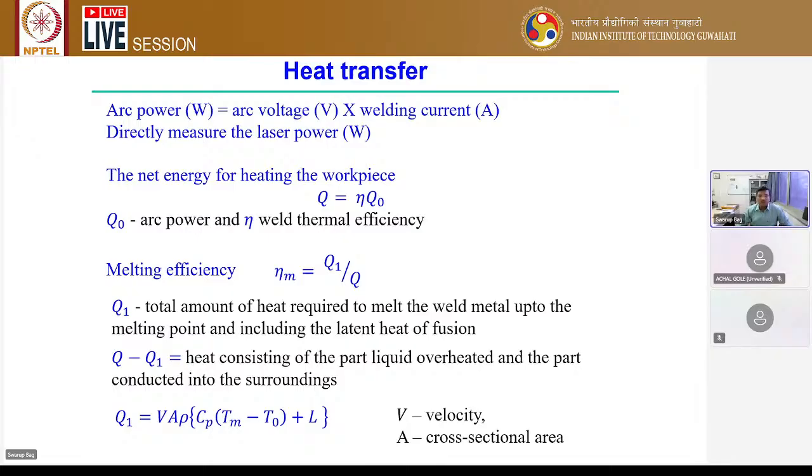And of course, L is the latent heat, the heat required to change the phase from solid to liquid. So we can simply calculate Q1, and use these two terminologies, the weld thermal efficiency and the melting efficiency, to count the amount of energy supplied and what is finally utilized for melting of the component.